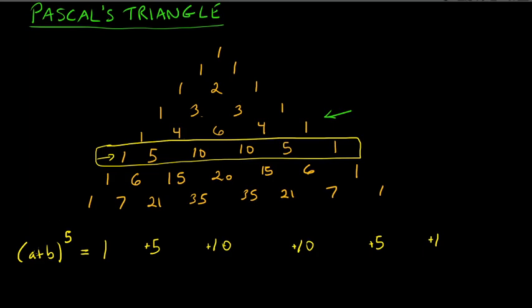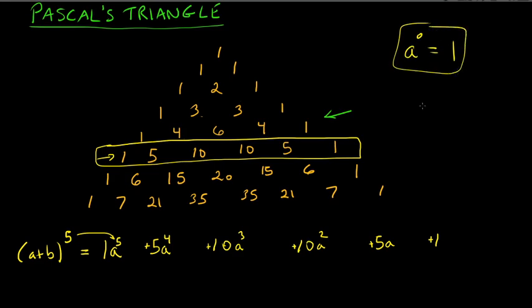Remember for a, we start with the biggest exponent, that's the 5, a to the 5th. And then we get a to the 4th, a to the 3rd, a to the 2, a to the 1, and then a to the 0, although we don't have to write a to the 0 because a to the 0 is just 1. So 1 times a to the 0 is 1 times 1, which is still 1.